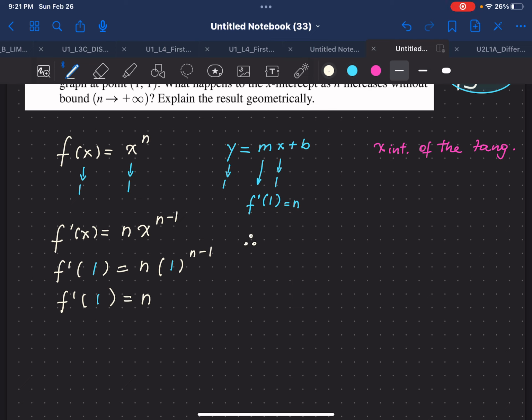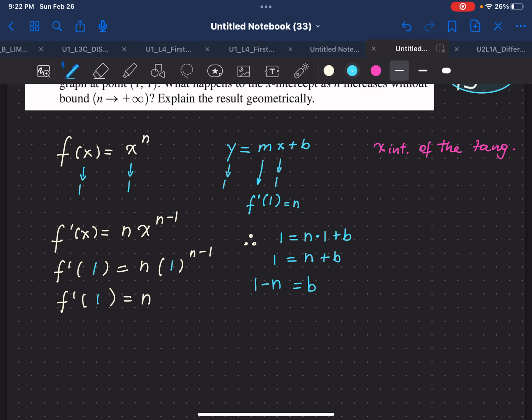Therefore, we're going to say that the equation of the tangent will be 1 equals, so 1 is the y value here, the value of the slope is n times x, which is 1, and then plus b. So we have to find the value of b. As you can see, we have n times 1, which is simply n, and then isolate b by taking n to the other side.